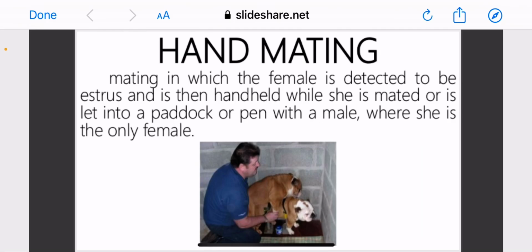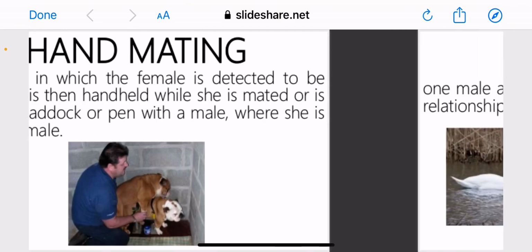Hand mating is done in which the female is detected to be in estrus or in heat and is then handled while she is mated, or she is let into a paddock or pen with a male where she is the only female. Just like in the photo, it's hand mating where you really assist both of them to do the mating.